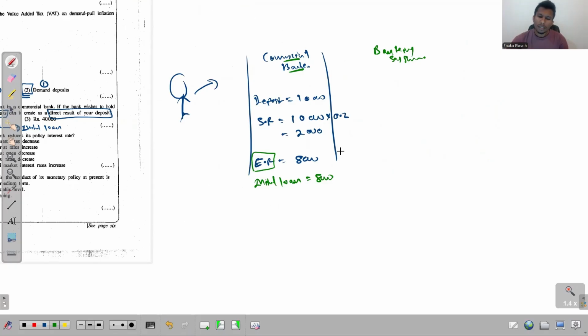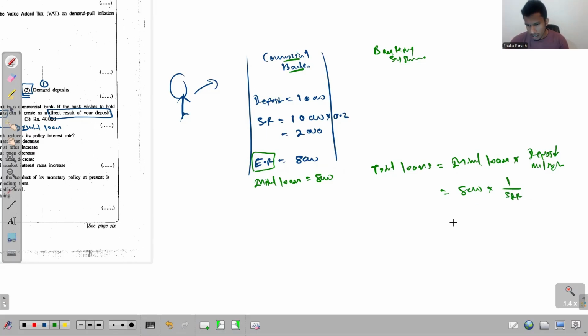So see that now. The total loans that can be created as a result of this initial loan, how much is that? That is the initial loan multiplied by the deposit multiplier. So let me write deposit multiplier. So initial loan is just 8,000 and deposit multiplier is equal to 1 over SRR.